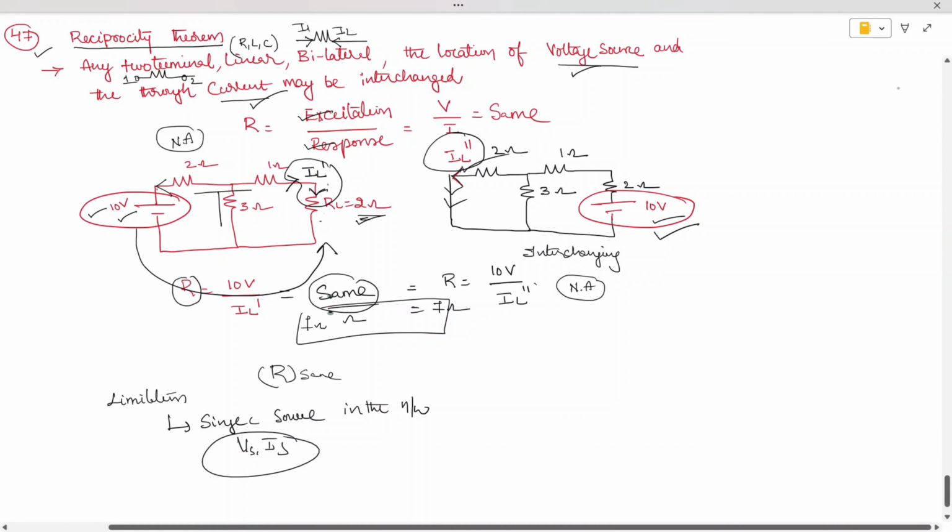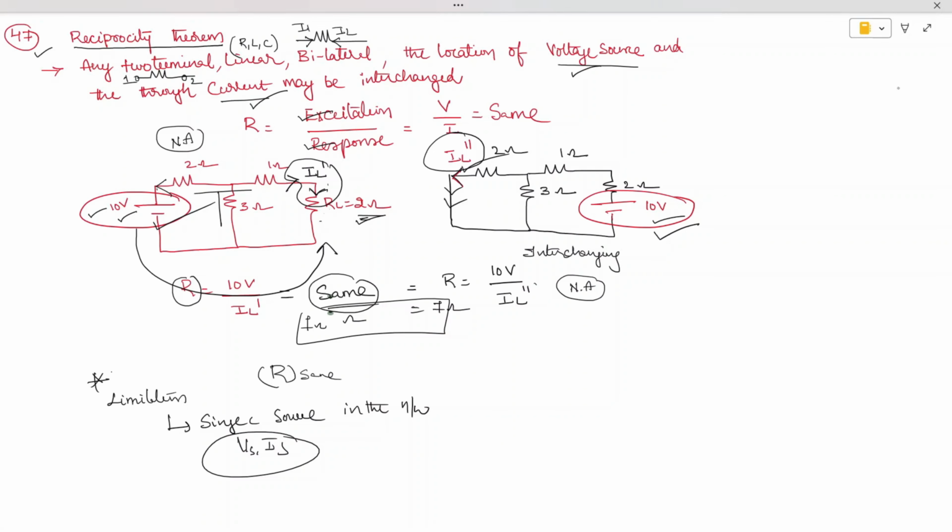Here you can see in this problem, only one voltage source is there. That's why this theorem can be applied for this kind of problem. This limitation is very, very important in competitive examinations. Reciprocity theorem is valid only for a single source in the network. It is not valid when you have more than one, for example, one more battery here, then we cannot prove the reciprocity theorem.